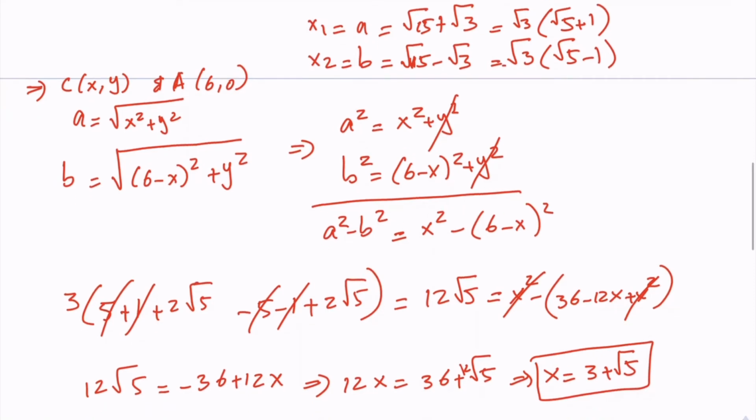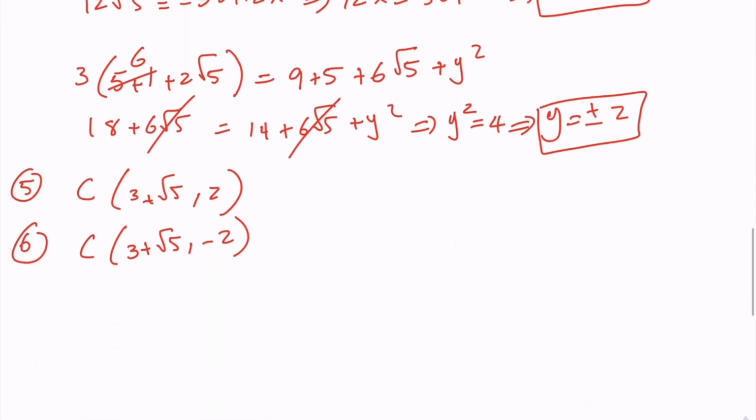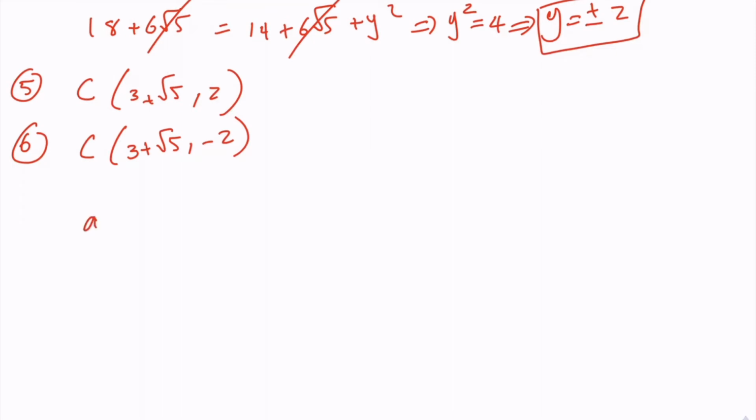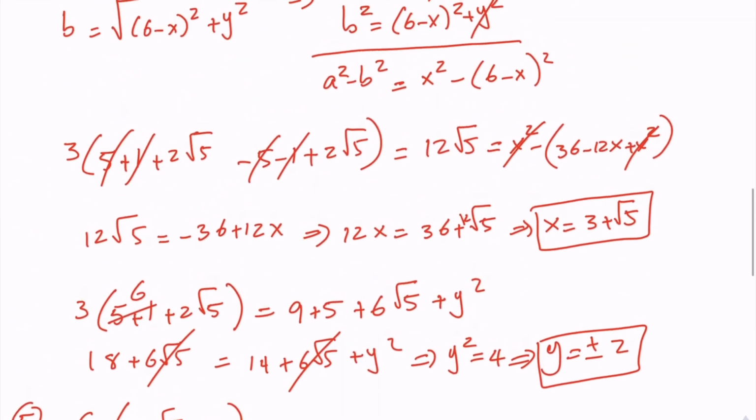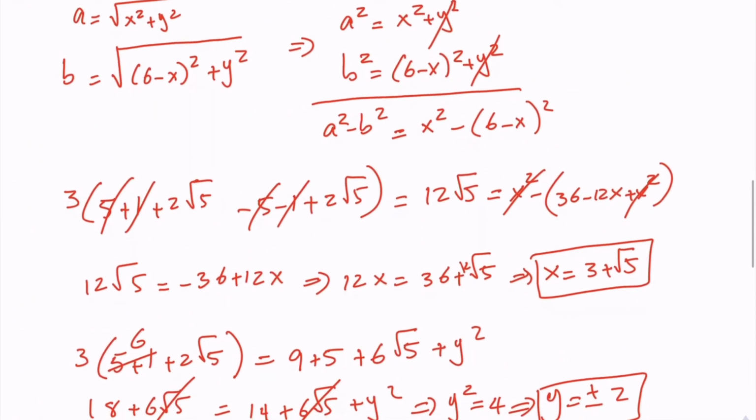So this time, let's say a is root 3 times root 5 minus 1, and b is root 3 times square root of 5 plus 1. And we can do the same as last time.